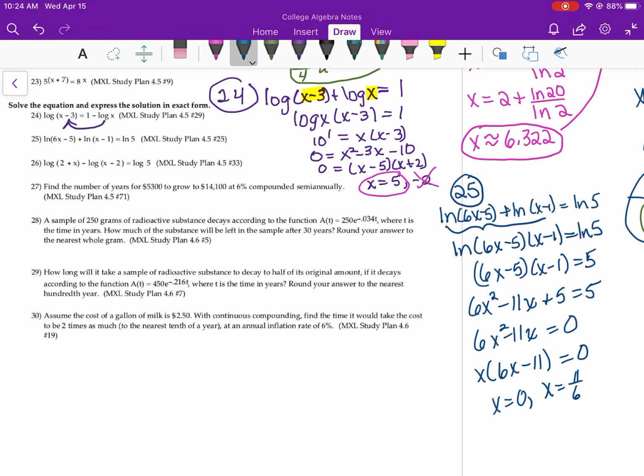If I put 11 over 6 in here first, and here, 11 over 6 times 6 is 11, so 11 minus 5, I'm good there. 11 over 6 minus 1 will still be positive. However, I can't put 0 in either of those places, so 11 over 6 is my only answer.